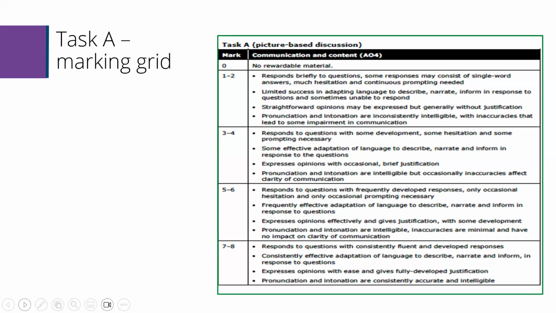So telling a little story, okay? Inform and so on in response to the questions. And the candidate also expresses opinions with ease and gives a fully developed justification. And pronunciation and intonation are consistently accurate and intelligible. Not necessarily perfect, but a sympathetic native speaker of that language would have no difficulty in understanding.